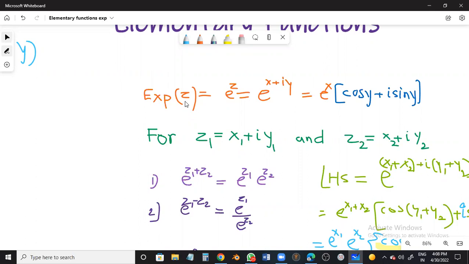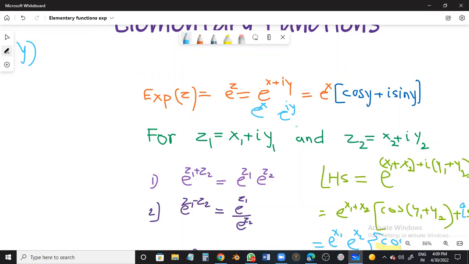So by the rules of indices, e raised to x plus iy, we have to bifurcate as e raised to x into e raised to iy. And you all know e raised to iy is Euler's function.